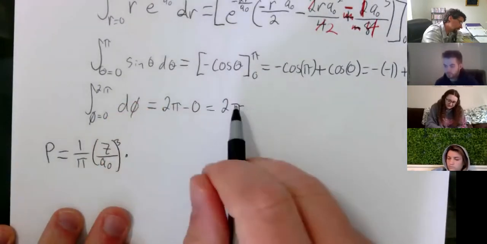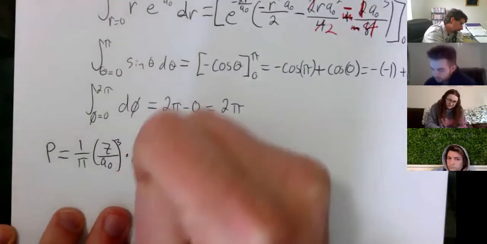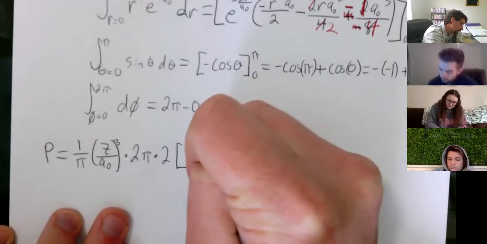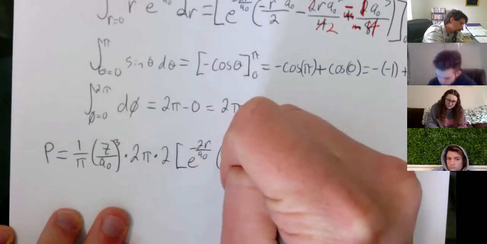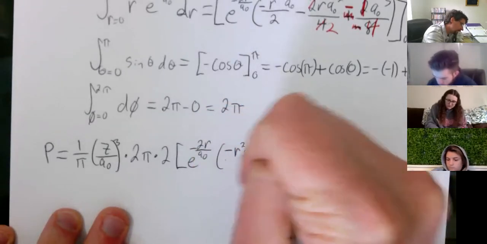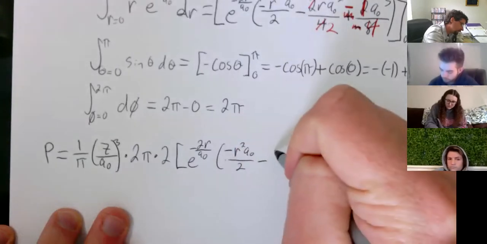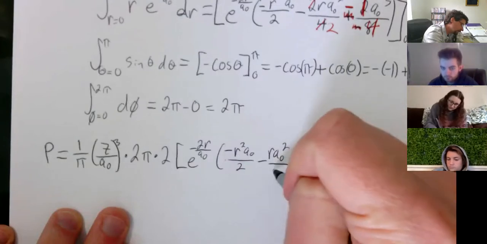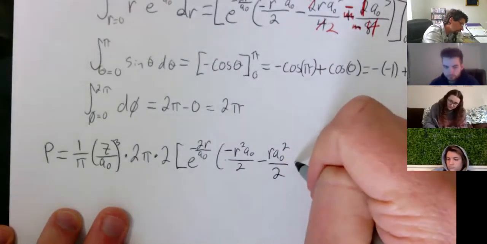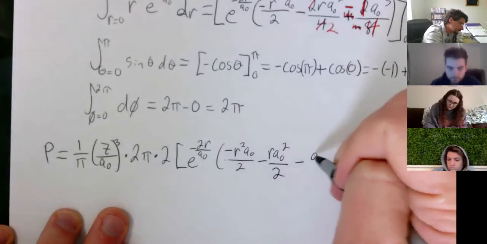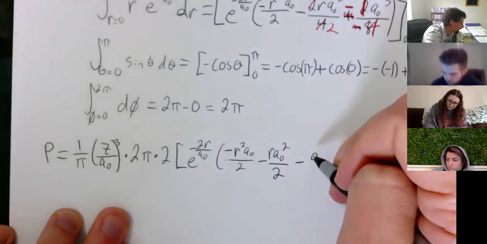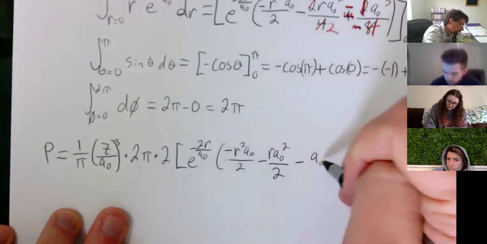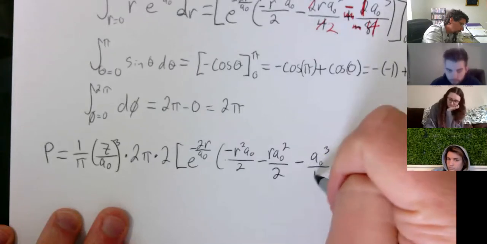So we got 2 pi times 2 times e to the negative 2r over a naught, negative r squared a naught 2 minus a r a naught squared over 2 minus a naught cubed over 4.